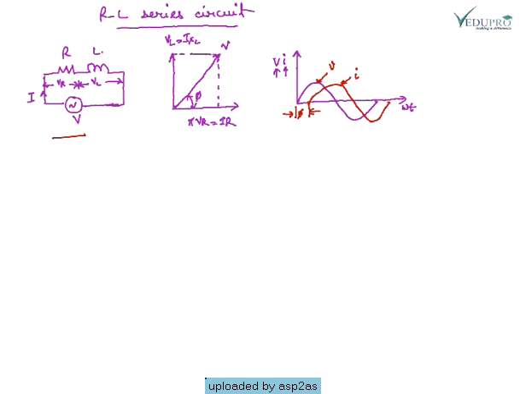This is the RL circuit, a series circuit. This is the phasor diagram, and this is the waveform of voltage and current. In the circuit, the voltage across the resistance is VR, and the voltage across the inductor is VL. V is the RMS value of the applied voltage, and I is the RMS value of the resultant current.